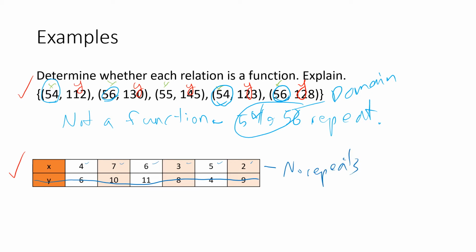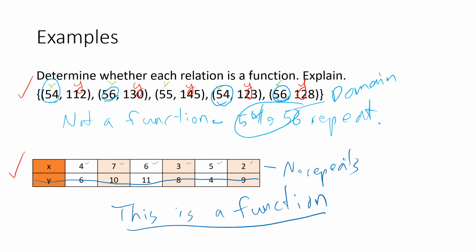This means this is a function. Are we good with that? Again, that's because each domain value is paired with one range value. There isn't two 4s, there isn't two 7s or something like that in our x range.